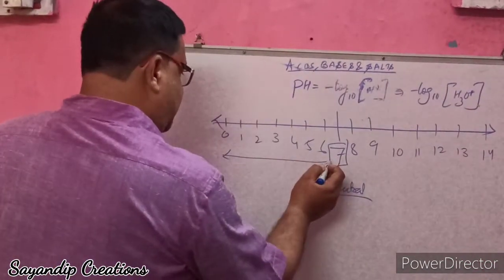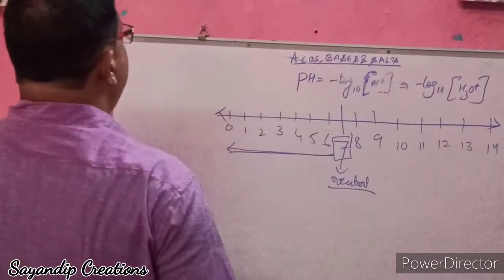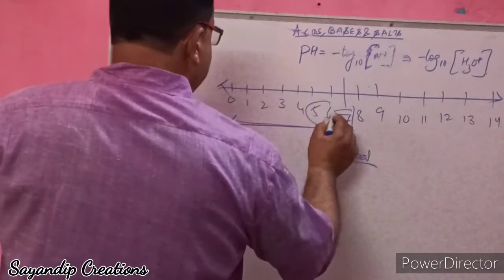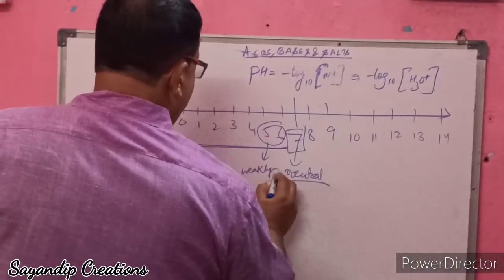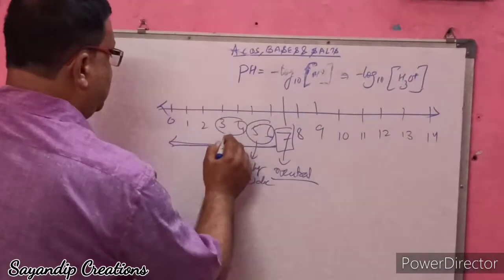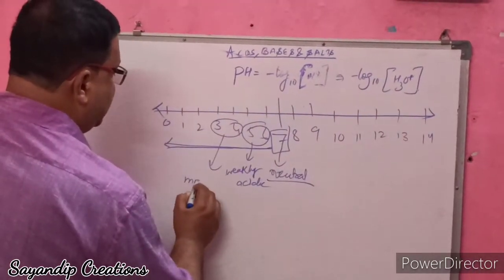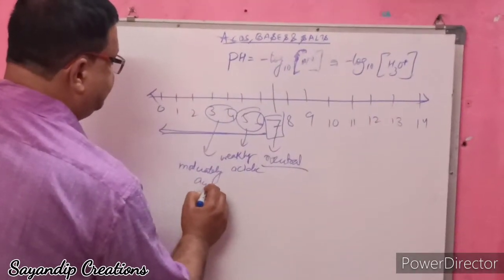So 6 to 0 are acids. 5 and 6 are weakly acidic. 3 and 4 are moderately acidic.